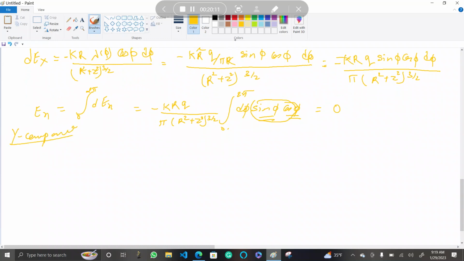Let me use different ink for the y component. I'm using this green.